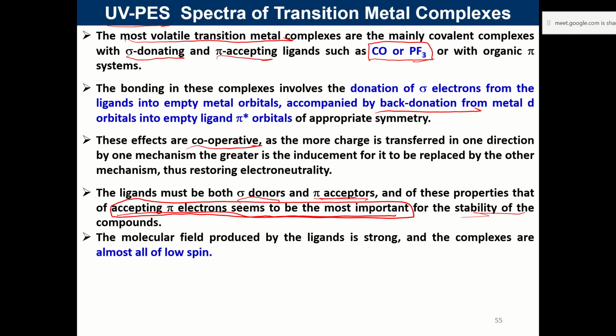So this is a very special technique in that sense. No other technique can tell you so easily about the pi accepting capability of a ligand. So how do we do it? Let's see.